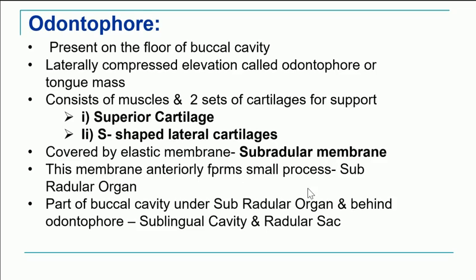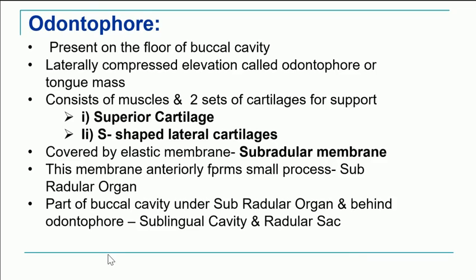Anteriorly it gives rise to a small process called the subradular organ, and the floor of this subradular organ, the part of the buccal cavity under the subradular organ and behind the odontophore, is referred to as the sublingual cavity and radular sac.